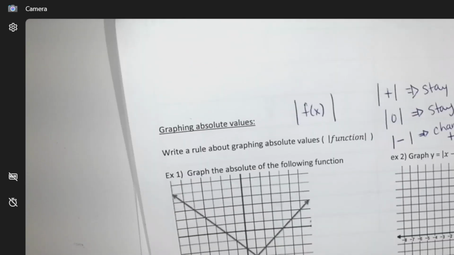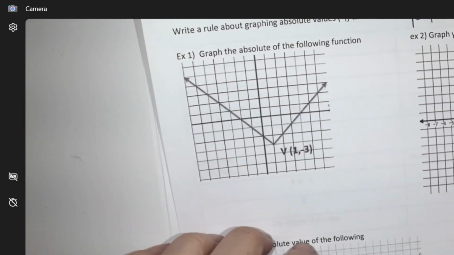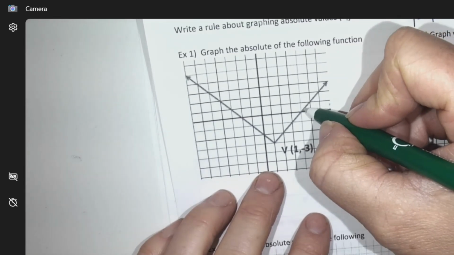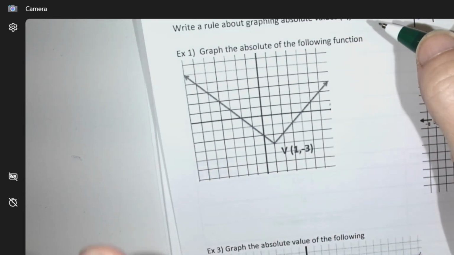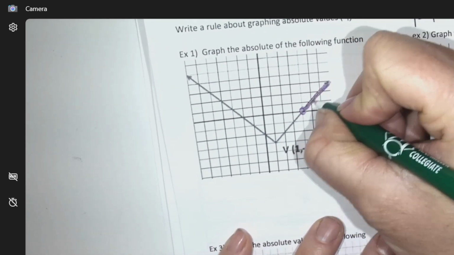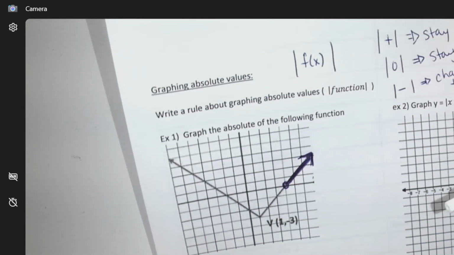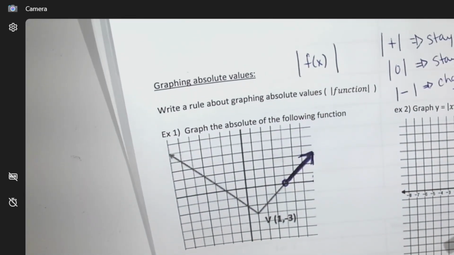Ready? Okay, so where is this graph positive or 0? And when I say that, I'm talking about the height of it. So that section is going to, what did we say? Stay and stay.